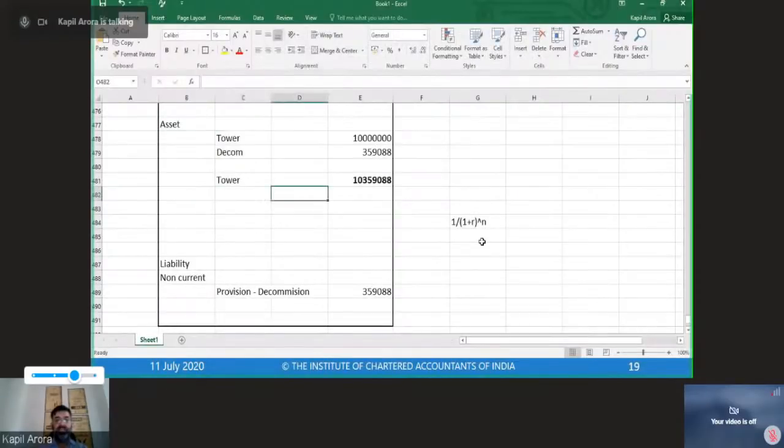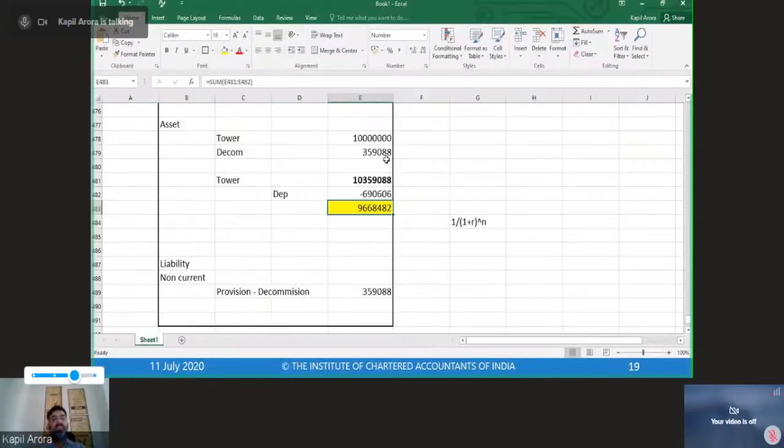So I am just showing you here, otherwise you have to do that separately. Just for the purpose so that we can understand that what is happening here. So my asset will get depreciated and my closing asset value would be this much. And over 15 years it will be depreciated with the same value.